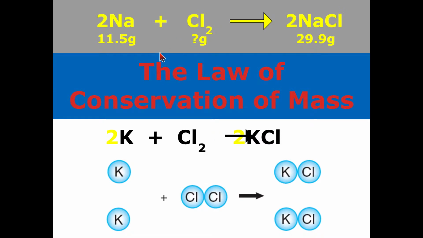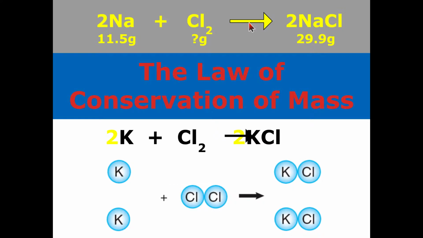When you use your T-chart method that you already have learned, and you count the elements and atoms on the reactant side, there should be the exact amount of elements and atoms on the product side. Reactant side on the left, product side on the right. The yield sign is the arrow.